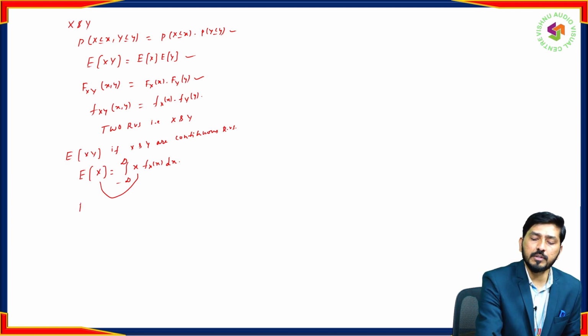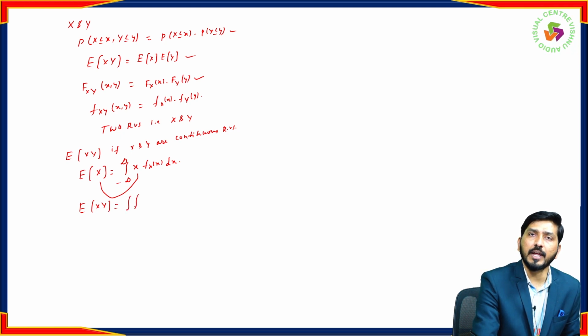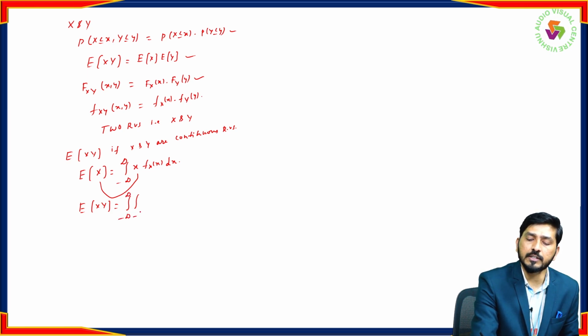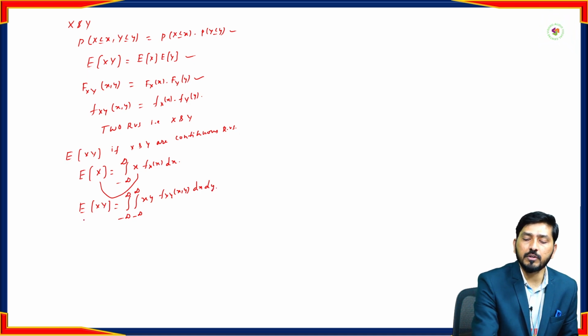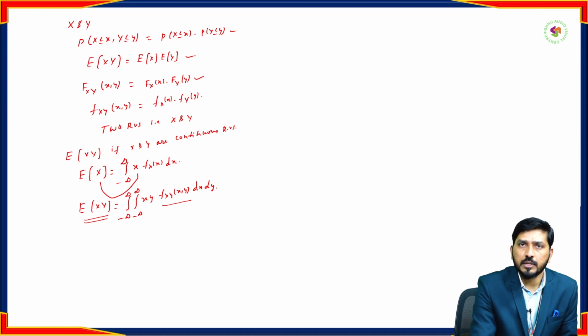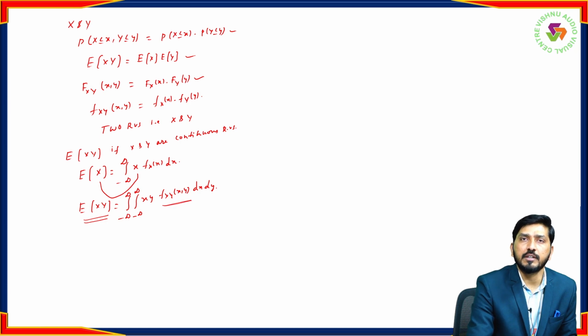Similarly, for two random variables, expectation of XY can be written as two integrals, one for X and another for Y, each from minus infinity to infinity, as X and Y are continuous random variables, then xy times the joint density function, dx dy. So in order to find the mean of the two random variables, one should know the joint density function. If anyone asks the mean of two random variables, definitely you will be given the joint density function.